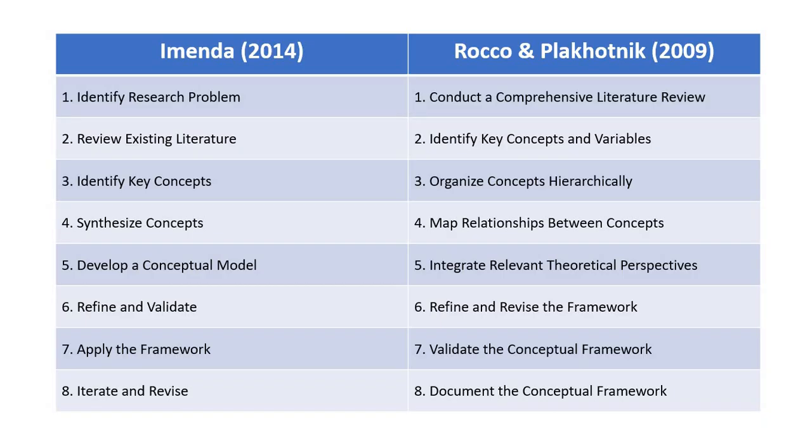Second is review existing literature. The third is identify key concepts. The fourth is synthesize the concepts. Fifth is develop the conceptual model. Sixth is refine and validate. Seventh is apply the framework. And eighth, iterate and revise.